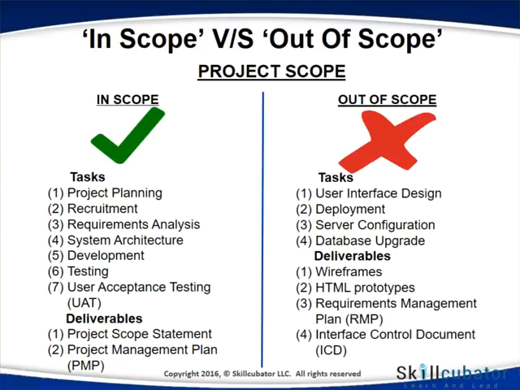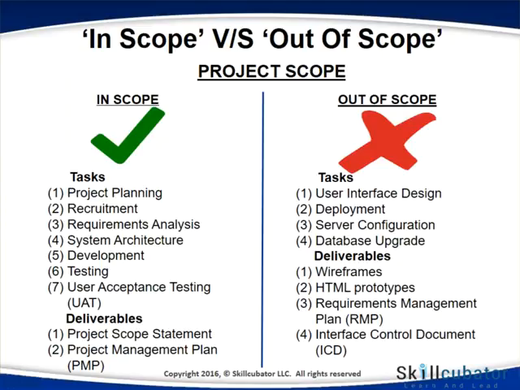And on the right side, we have all the out of scope items. That means all the tasks and all the deliverables which will not be completed or which will not be part of the whole project. So if you take a look at all the activities and tasks which are not in scope, refers to your user interface design, the deployment process, your server configuration, your database upgrade.